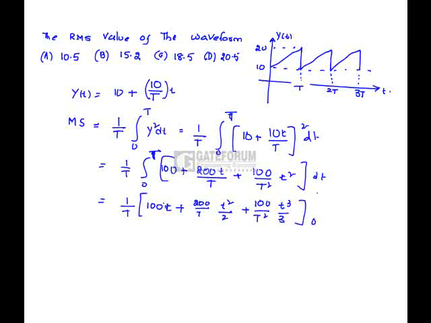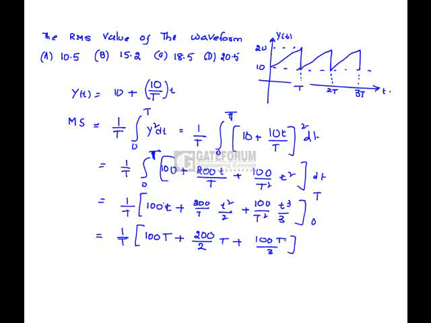We have to substitute the limits 0 to T. We will get 1 by T as 100T plus 200T by 2 plus 100T by 3.